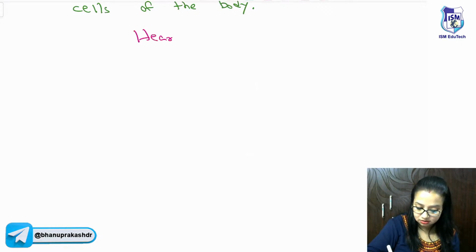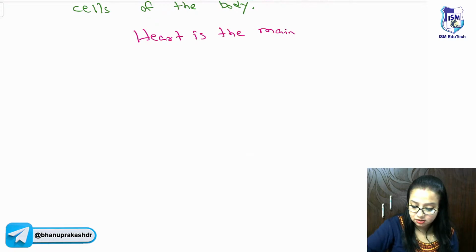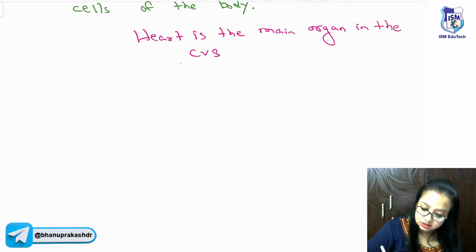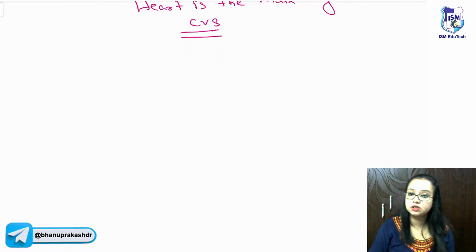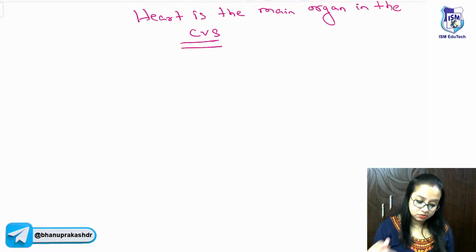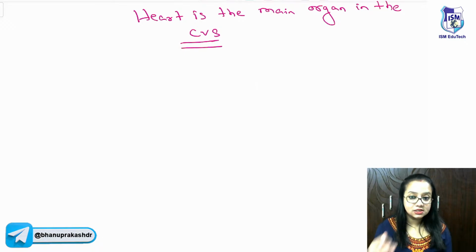Heart is the main organ in the cardiovascular system. So today what we are going to do? Today we are going to understand the essential structure which is generating and causing the mechanical action of the contraction and relaxation of the heart, so that the cardiovascular function can be carried out.